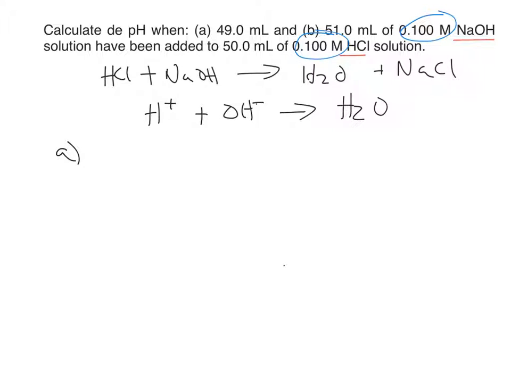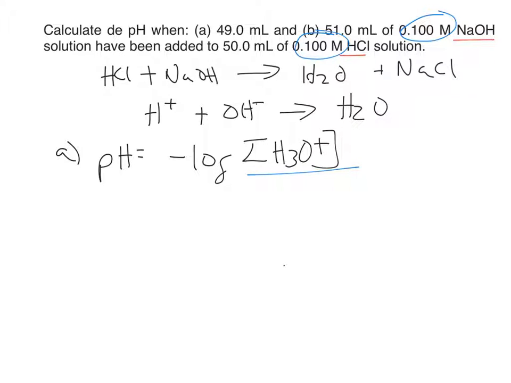Okay, so we need to determine the pH, and the pH is going to be equal to minus log the concentration of H3O plus. So we need to look for this concentration after that volume has been added.